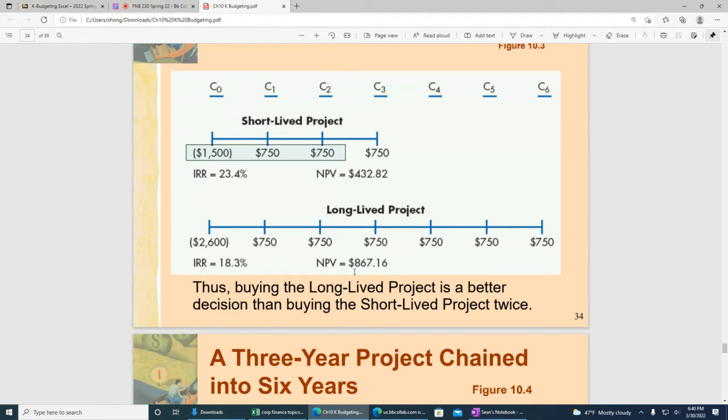So we need to find what is the annual annuity payment it can generate for 6 years at 8%.